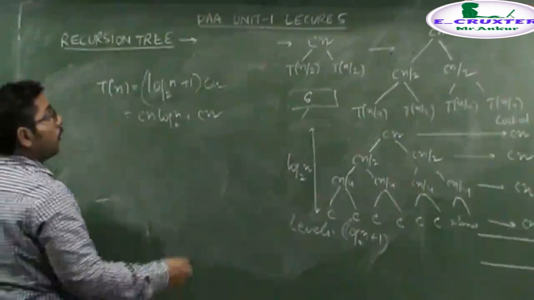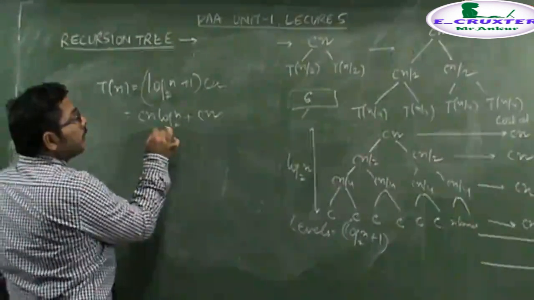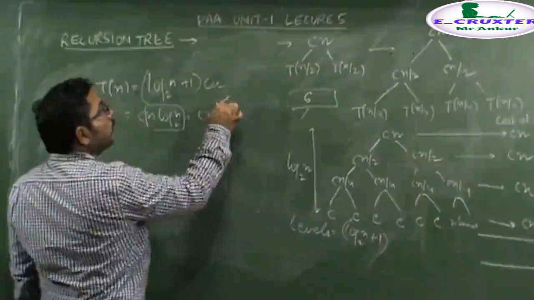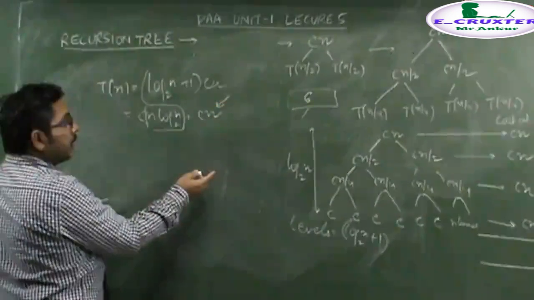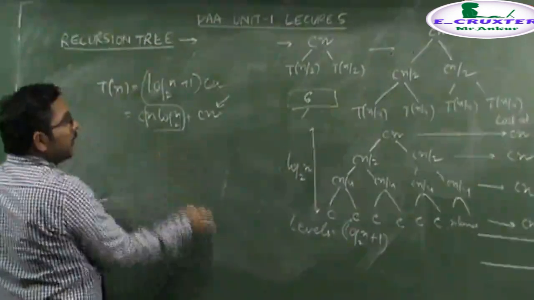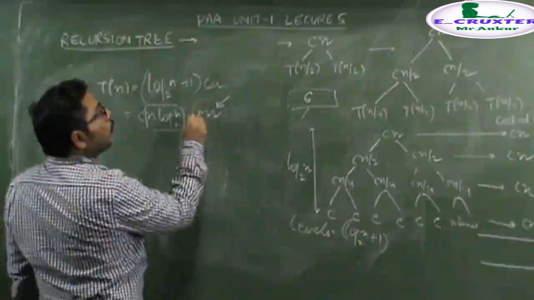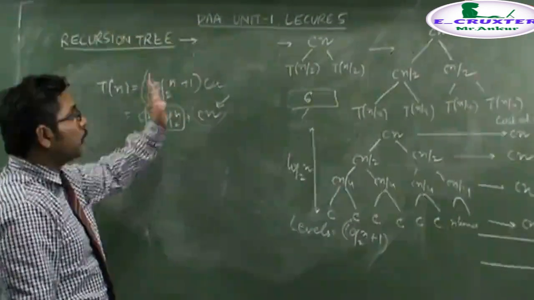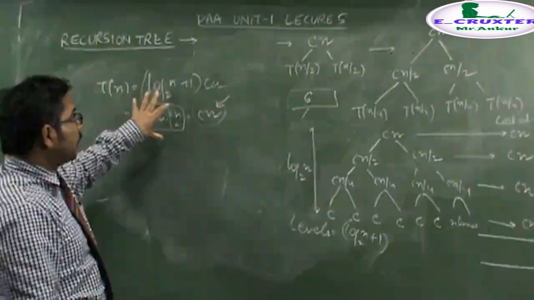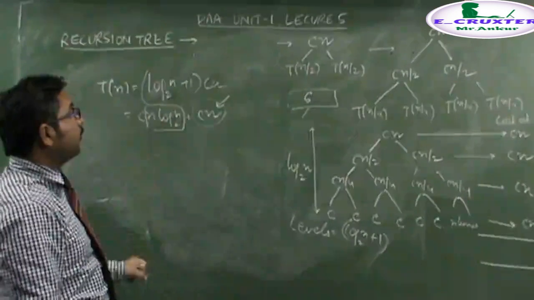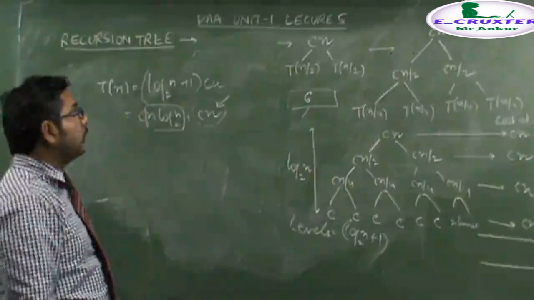For a large value of n, this term will be much higher than this term, and hence the running time is in terms of n log n. Hence we can ignore the smaller terms. When we calculate the running time, we ignore the lower order terms and put the running time in the higher order terms, because they are the main measurement factor, and the running time is denoted by these factors only.